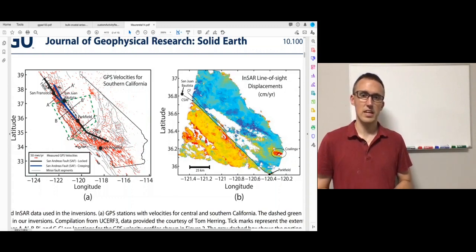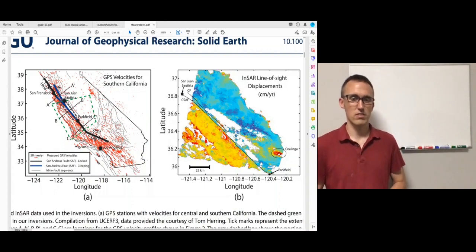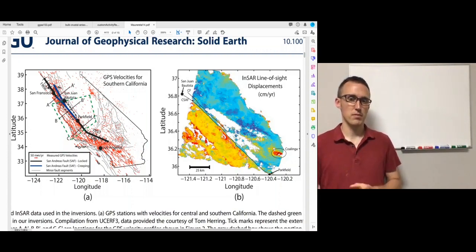You can see the San Andreas Fault in black. That's the thick black line that I've marked on there for you. The other thinner gray lines are other faults and fault systems in Southern California. You see a couple of profiles and a box, which I'll show you what those mean in a little bit.